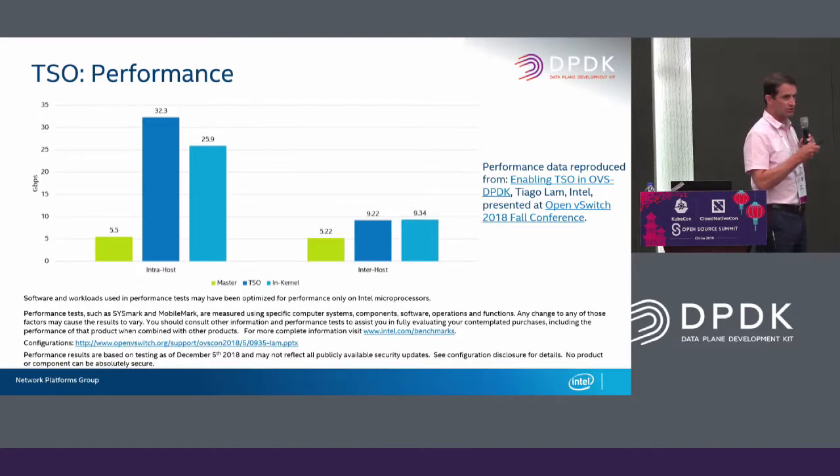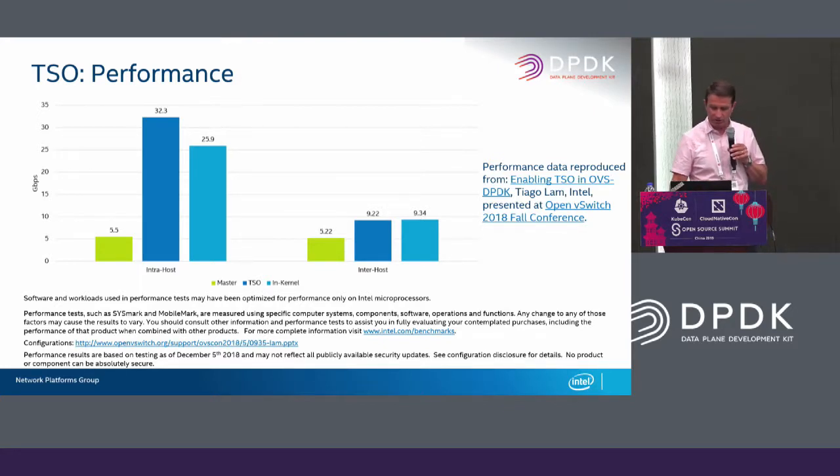This is inter-host, so it's going from VM through OVS DPDK out to the network. So you can see, like I was saying, you get the biggest performance boost in the intra-host because you never have to do the segmentation, you never have to do the checksum calculations. So you get a fairly significant performance boost. Like I said, it's not done yet. We hope that it'll be in OVS 2.13 is what it's looking like right now.